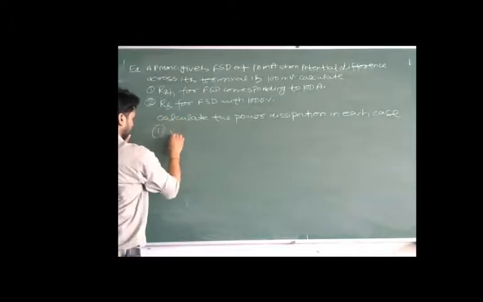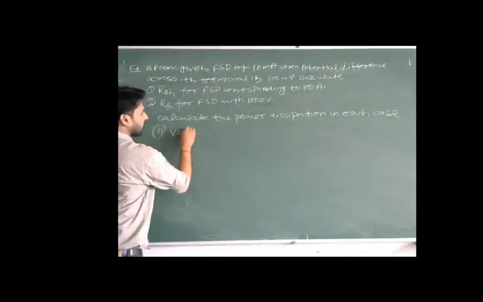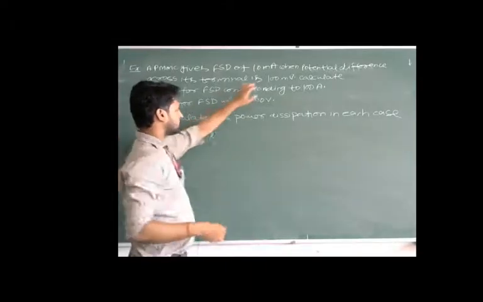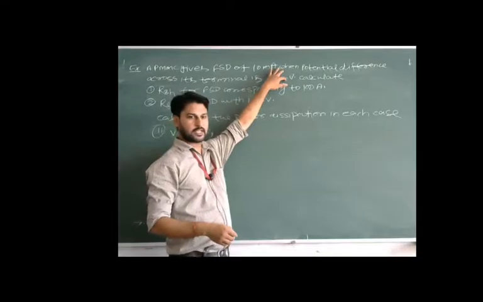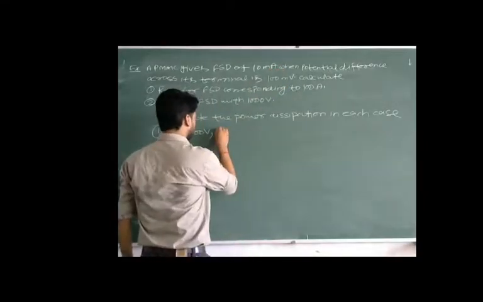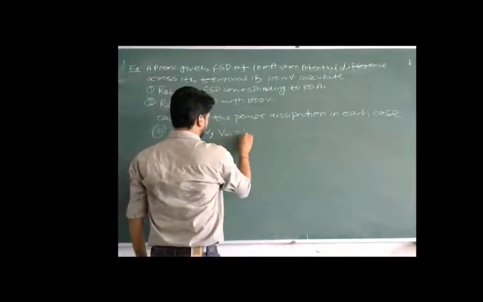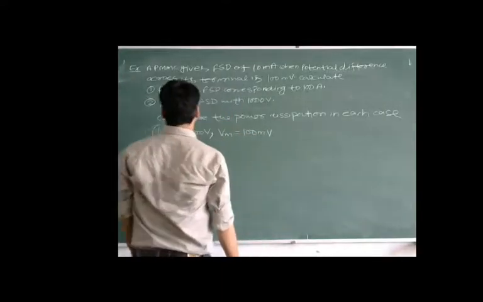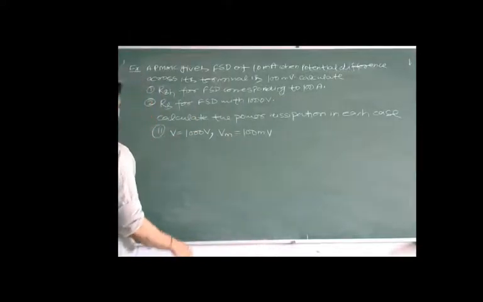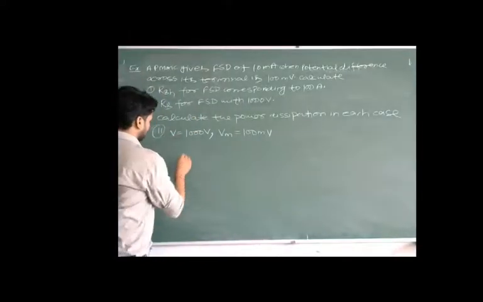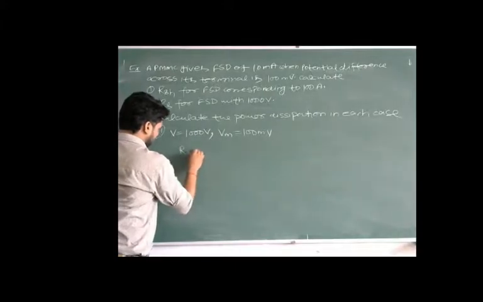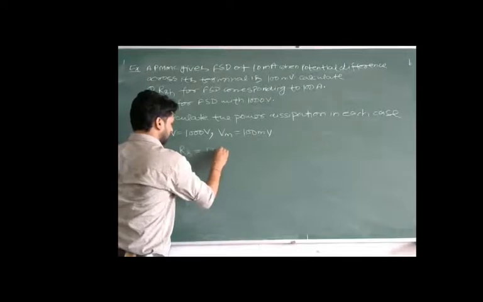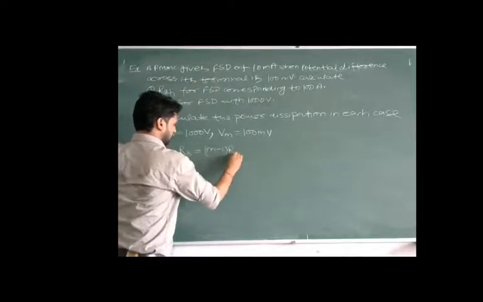Means the total voltage in this case is given as 1000 volt, whereas the voltage across the PMMC instrument is given as 100 millivolt, meaning Vm is 100 millivolt. We have to calculate Rs. In the PMMC voltmeter, there is a direct relation between Rs and Rm: Rs is equal to m minus 1 into Rm.